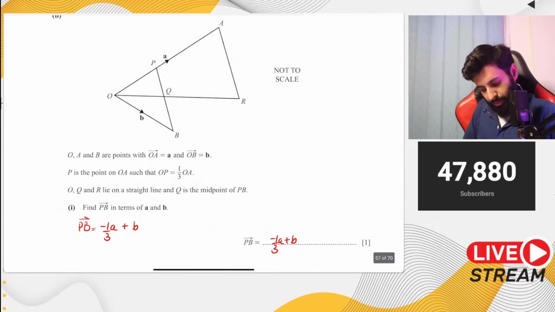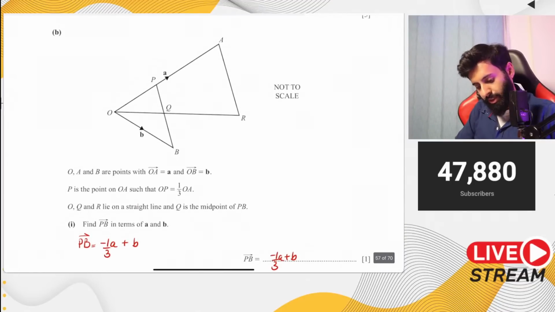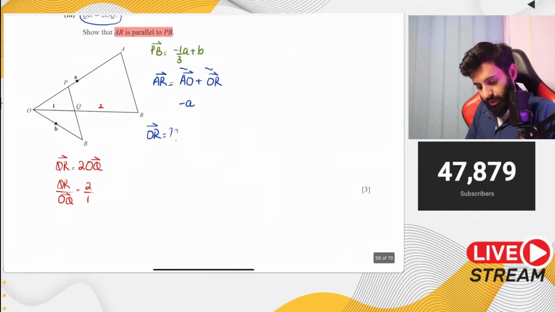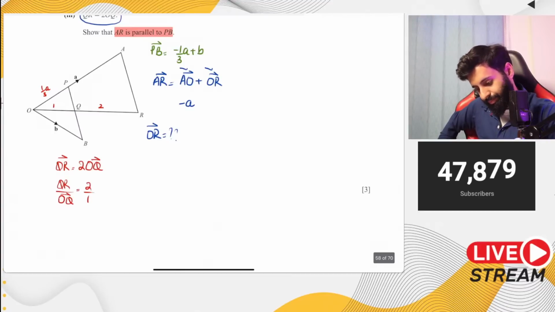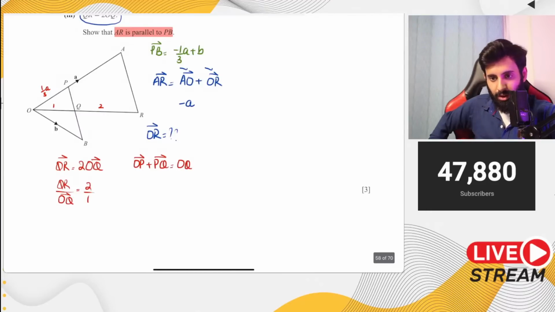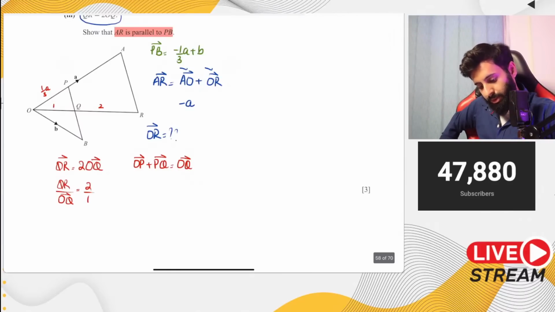Do we know anything about P? Okay, brilliant. I had forgotten that we are given 1/3 of A. Okay, great. That will help. Now we have enough information. So OP plus PQ will give us OQ.